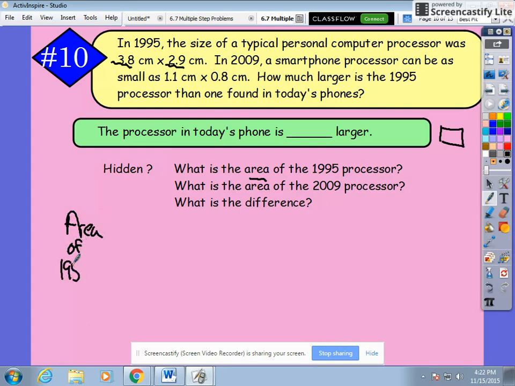So when we go through and we do that, the 1995 processor. Remember that for area, we need to multiply the length times the width. So for the 1995 processor, we're going to take 3 8/10 and multiply it by 2 9/10.